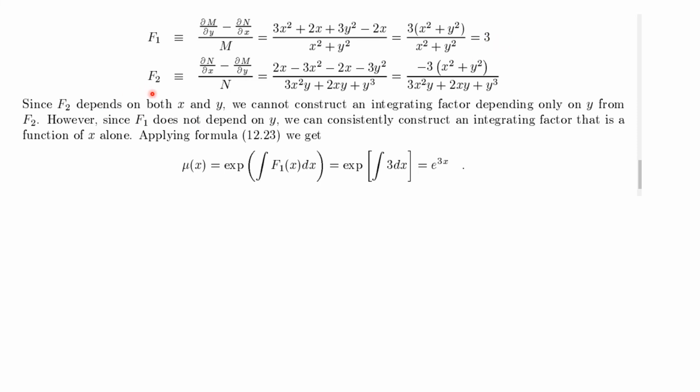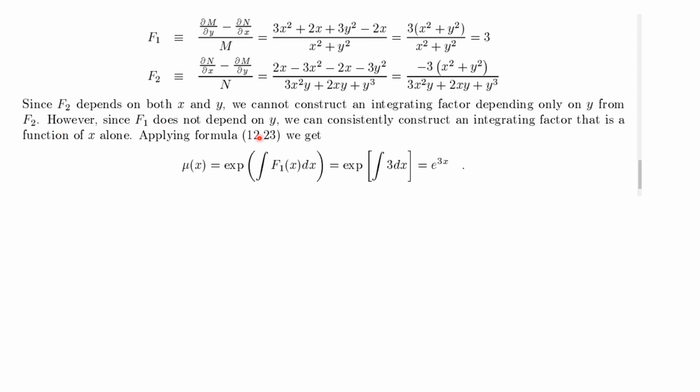Now when we check f2 though, do the calculation. In this case, the f2 is the partial of n with respect to x minus the partial of m with respect to y all over n. We do that calculation, we get this expression in x and y, and you see this is a function of x and y. It's not a function of y only. So since f2 depends on both x and y, we can't construct an integrating factor depending only on y from it.